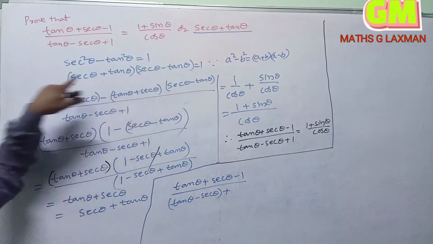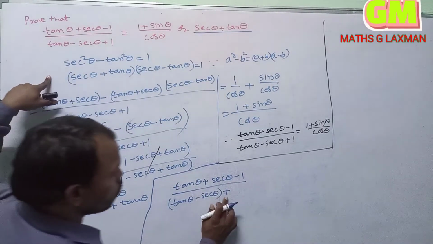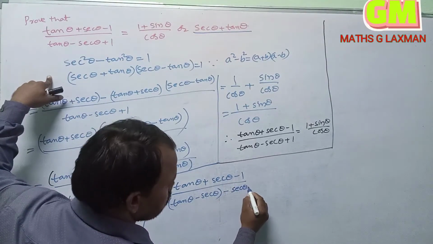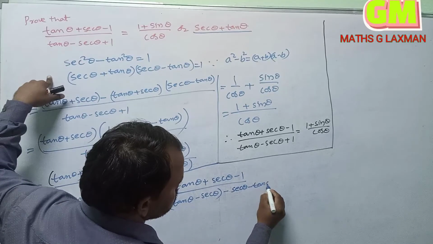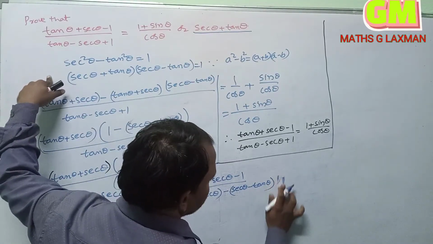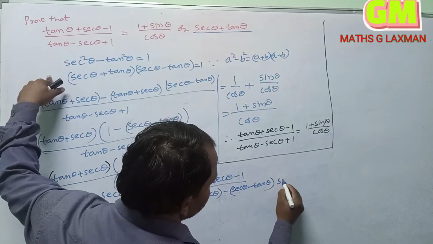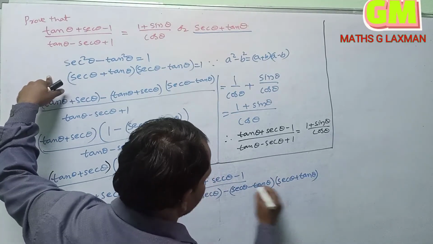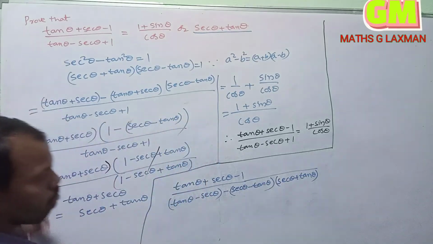So if you take minus as a common, you will get here minus of secant theta minus tan theta into, you can write like secant theta plus tan theta. So we get it anyway.